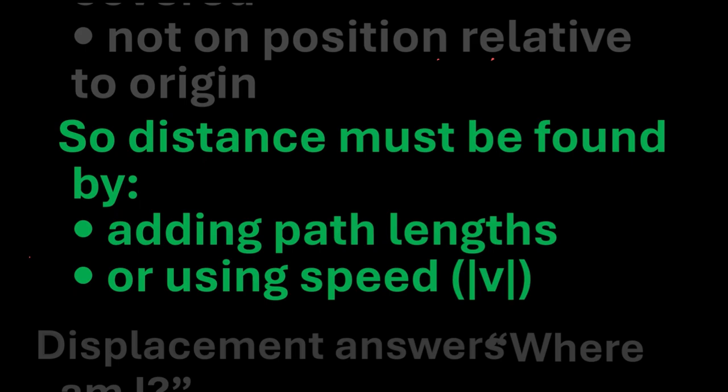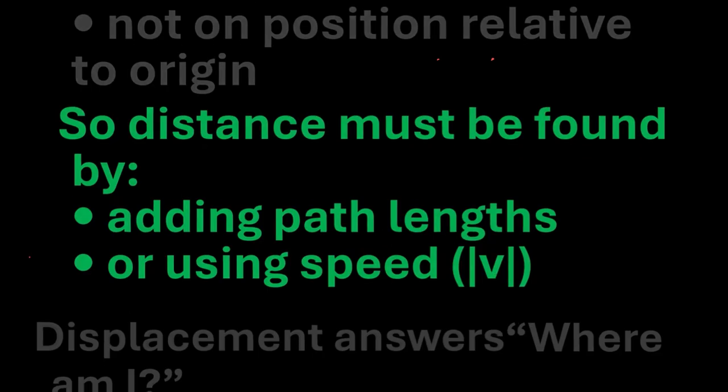Which means we cannot have a simple direct equation of motion applied for distance. I didn't say there cannot be an equation for distance. I'm saying the equations of motion cannot be directly used to calculate distance. So distance must be found by adding the path lengths or the magnitudes.